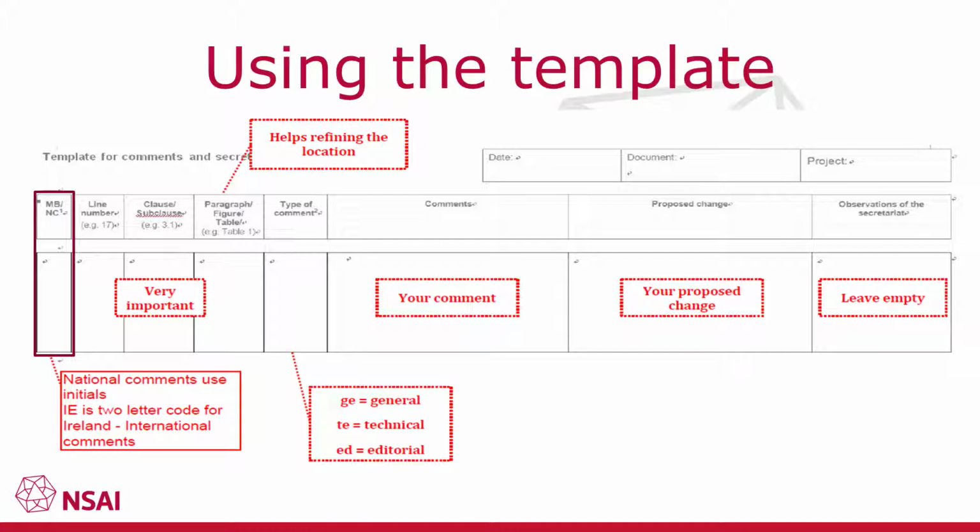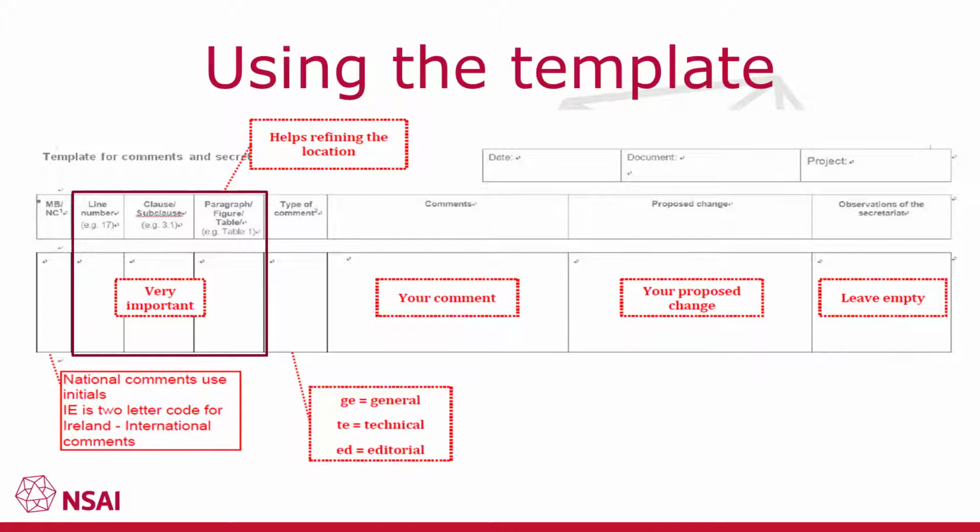At the national level, you could submit your initials in this column, so your NSAI secretary can track and trace all national inputs. Check with your secretary if they have any preference for national inputs. The next three columns are very important, covering line number, clause or subclause, and paragraph or figure/table.